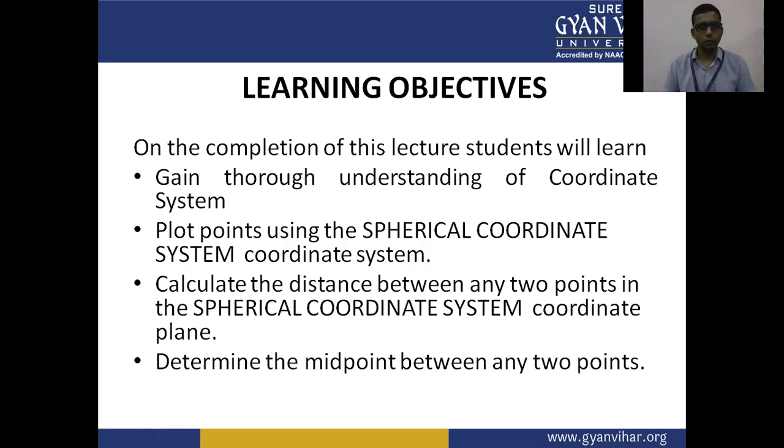They are able to locate a point in the spherical coordinate system and determine the midpoint between any two points. Students will also be able to understand the concept of transformation from spherical coordinate system to cylindrical coordinate system, spherical coordinate system to Cartesian coordinate system, or Cartesian coordinate system to spherical coordinate system, and cylindrical coordinate to spherical coordinate system.